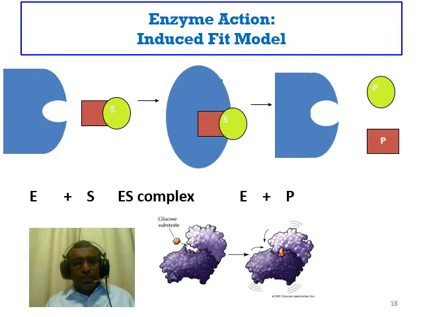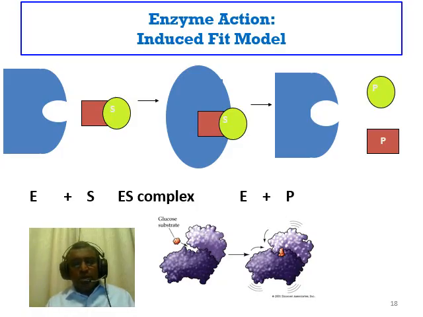As you can see here, the active site is firstly not able to accept the substrate, but as it gets closer, it causes a change, and then it fits, and finally products come about.